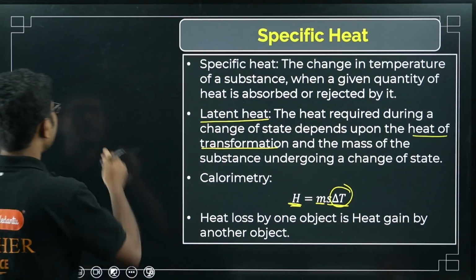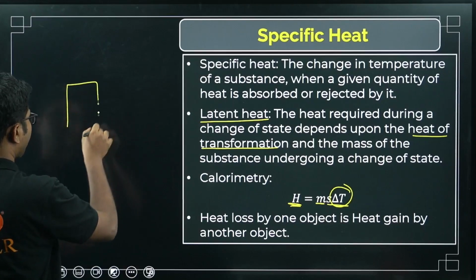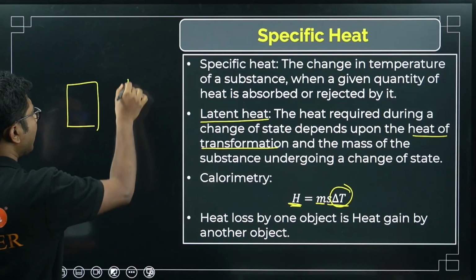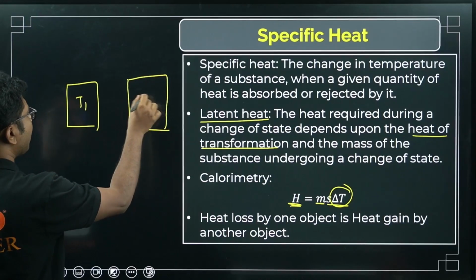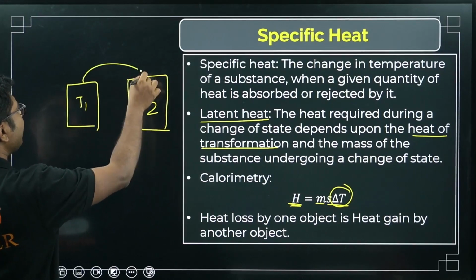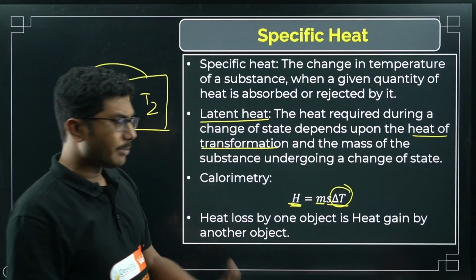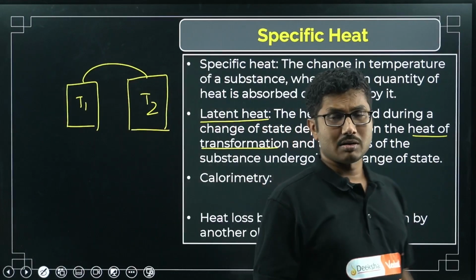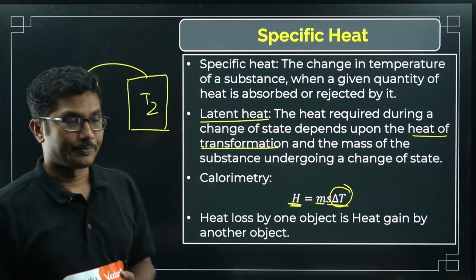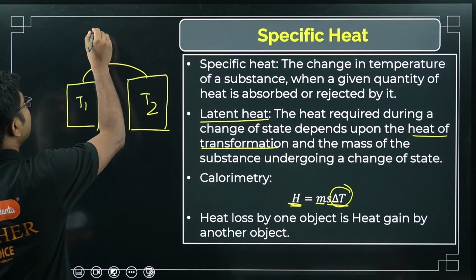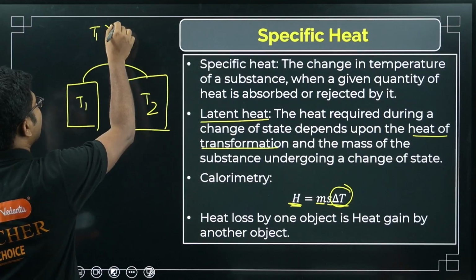Also, when you keep two objects of different temperature, suppose this temperature is T1, this temperature is T2, and you keep them together, through some medium or direct connection, what will happen? They will exchange heat. Suppose T1 is greater than T2.